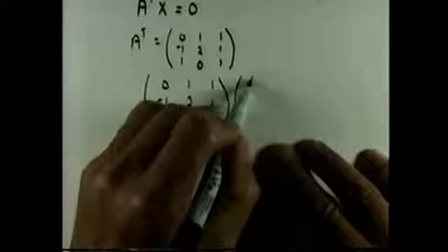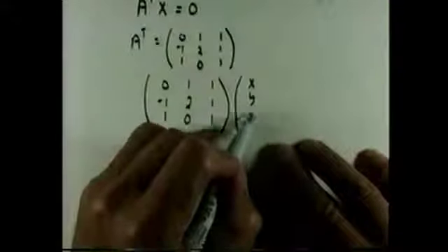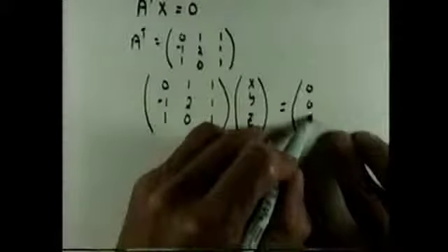So then we want to have 0, negative 1, 1, 1, 2, 0, 1, 1, 1 times the vector x, y, z, equal to the 0 vector.